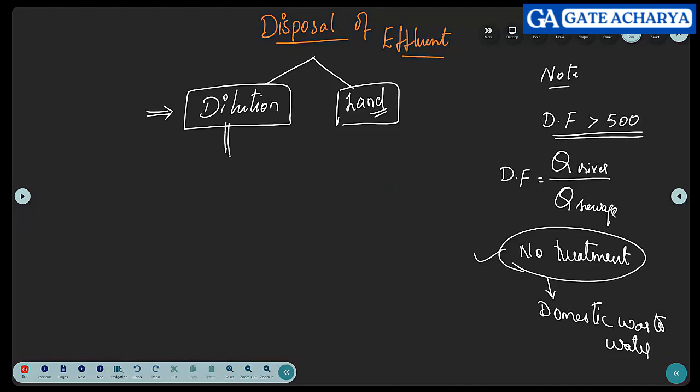So, what are the recommendations? First, the freshwater body should have a flow. Okay, it should have a flow. If we dispose, the freshwater body must have a flow. When there is no flow in that freshwater body, we should not do the dilution process. Okay, that should be a flow.